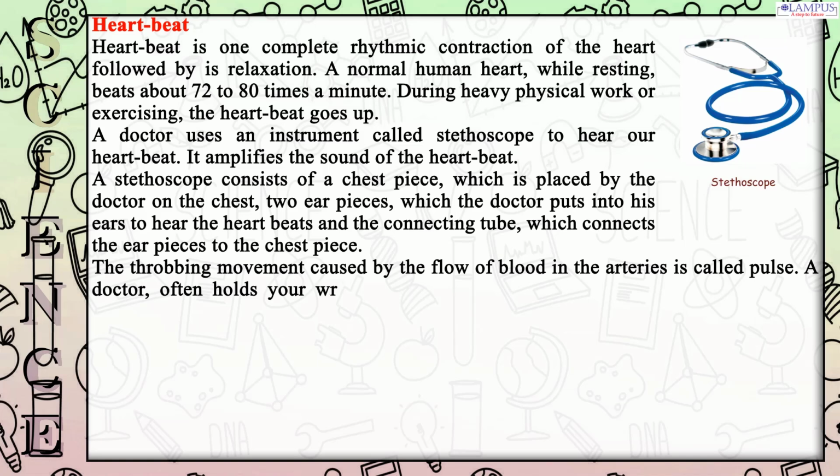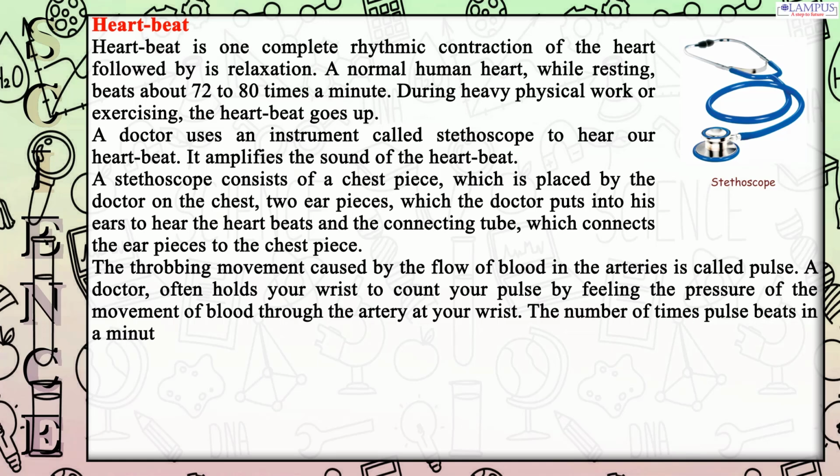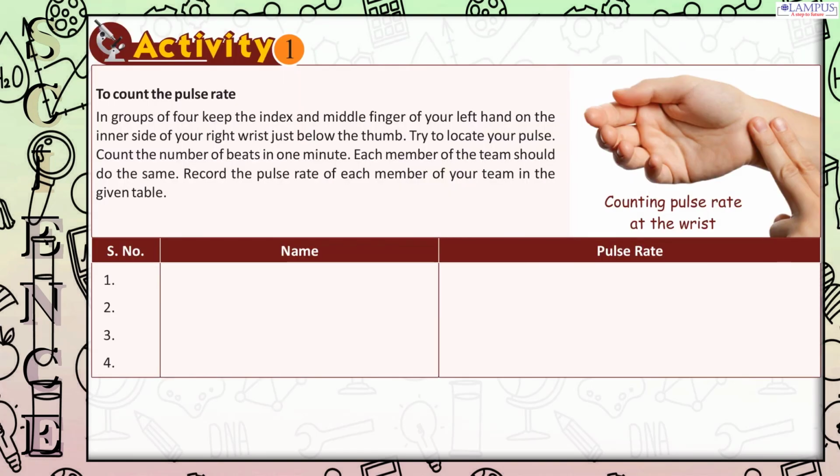A doctor often holds your wrist to count your pulse by feeling the pressure of the movement of blood through the artery at your wrist. The number of times pulse beats in a minute is called pulse rate. Generally, a person at rest has a pulse rate of about 72 to 80 beats per minute.